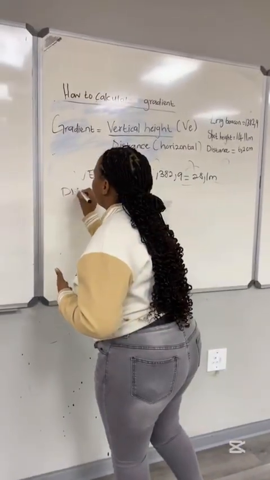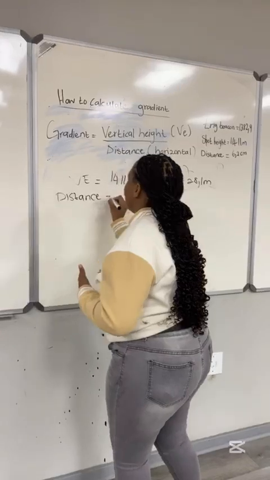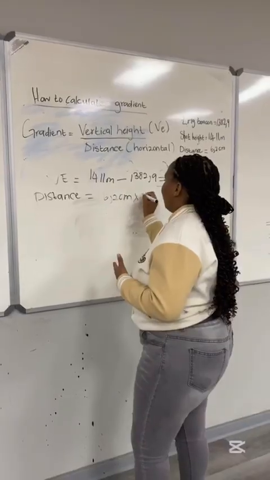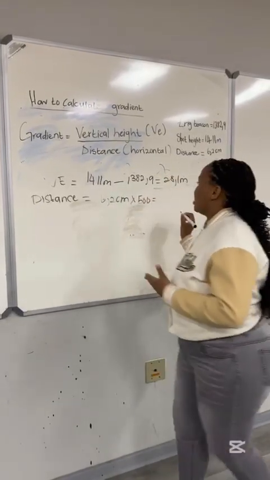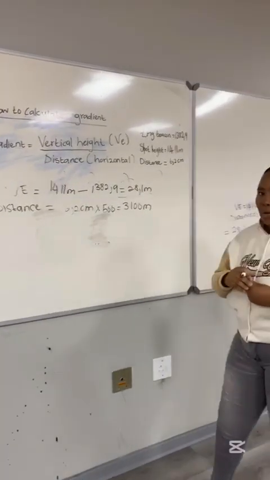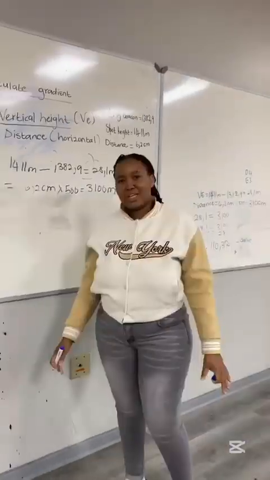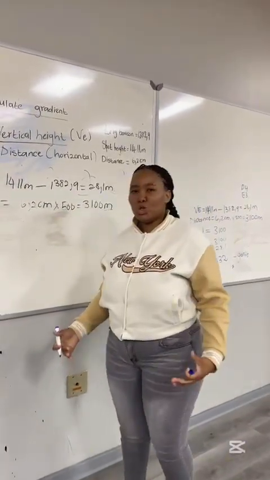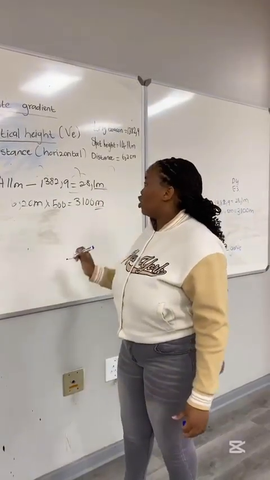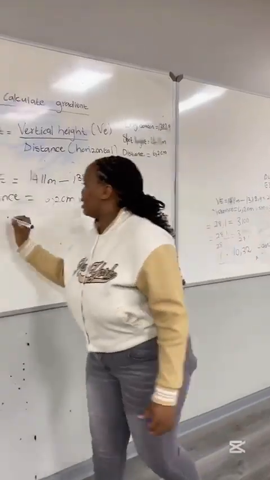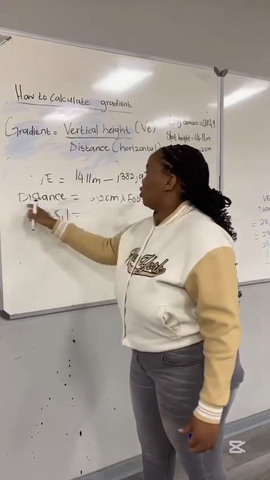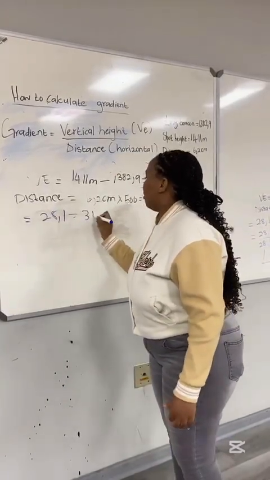So distance is equal to 6.2 centimeters multiplied by 500, which is 3,100 meters. That is our second step. In our third step, you do not need to include the unit meters. You need to take your vertical height, which is 28.1, and your distance, which is 3,100.